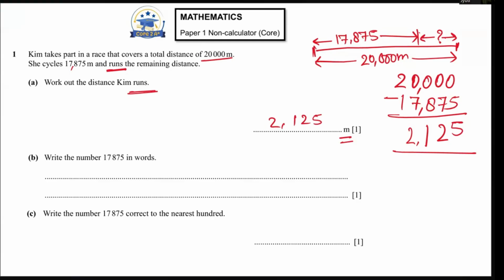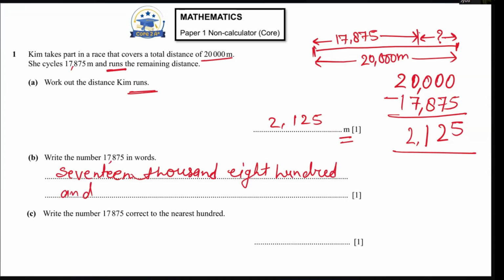Now, part B. Write the number in words. So in words, it is seventeen thousand, eight hundred and seventy-five.